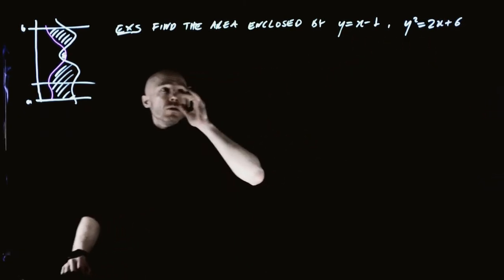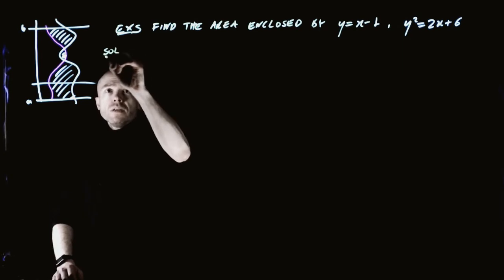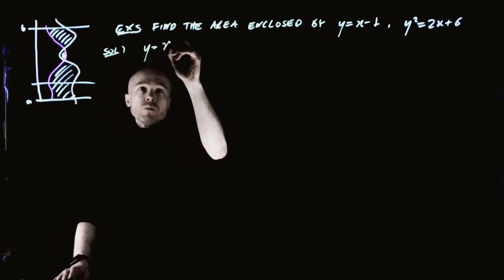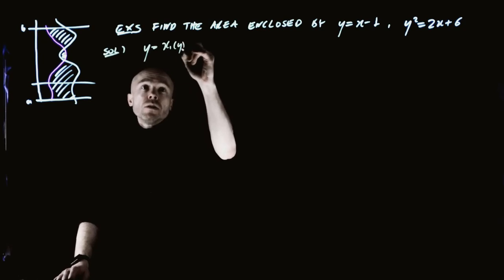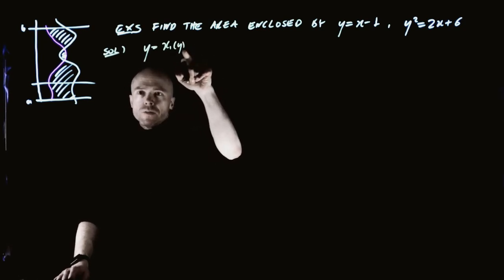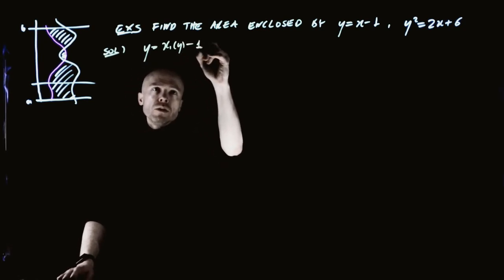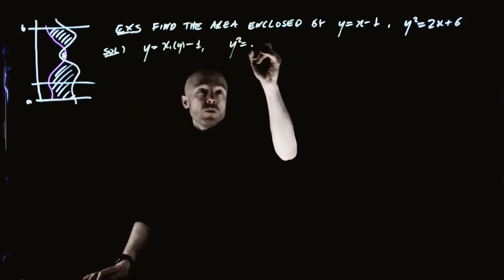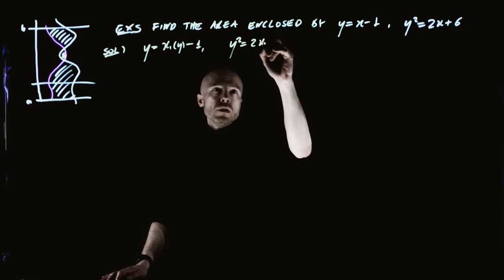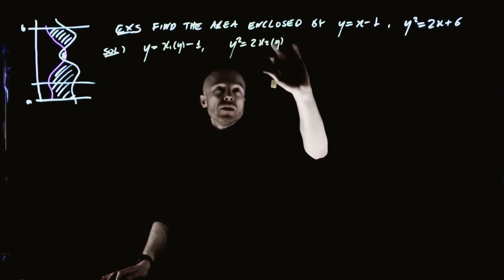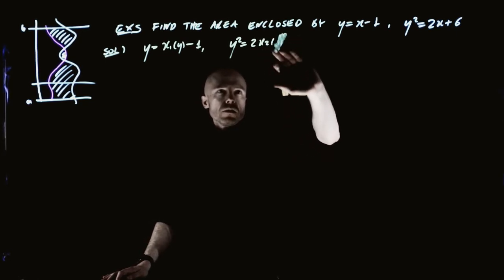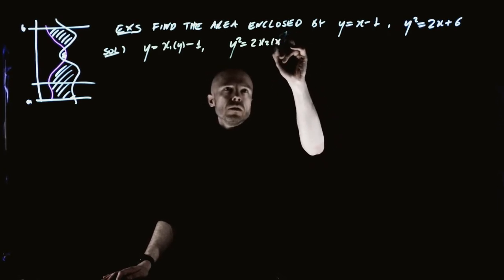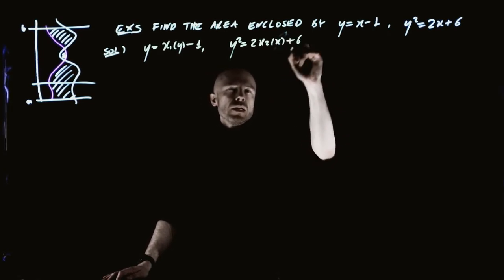So do the following thing. Give them different labels first of all. So we're going to write x1 of y, a function of the y-axis, y minus 1. That's our first curve, and our second curve, y squared is 2 x2 of y, x plus 6, like this.